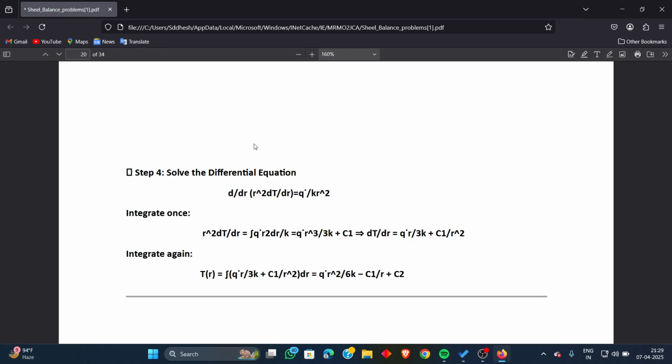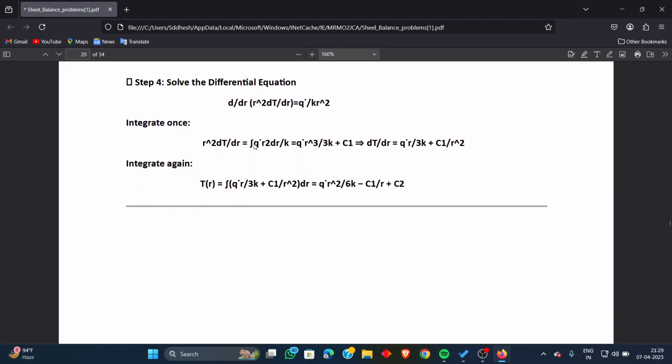So dT by dr is equal to q dot R by 3K plus C1 by R square. Integrating again, T is equal to the integration of (q dot R upon 3K plus C1 by R square) dr, which is q dot R square upon 6K minus C1 upon R plus C2.